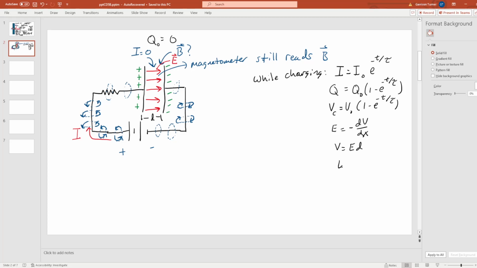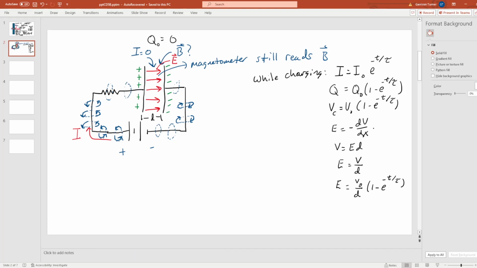So that means E is equal to V over D. So that means that your electric field is equal to V naught over D times 1 minus e to the negative t over tau.